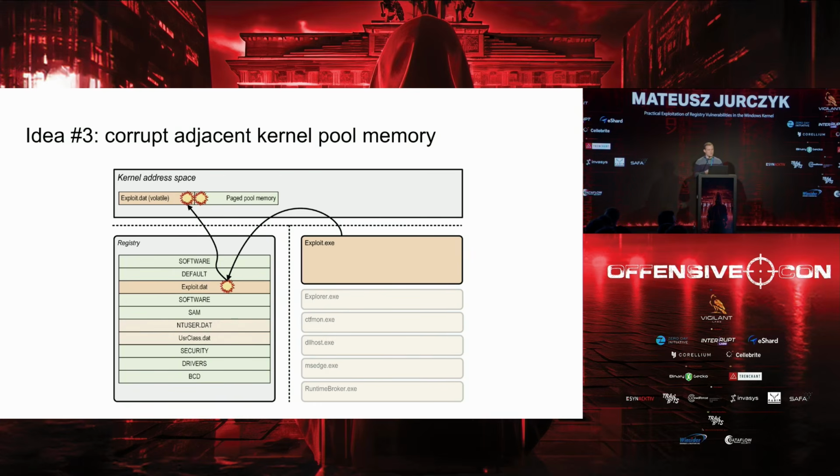And also you have the volatile space of a hive. So every hive has a stable space and a volatile space. The stable one is the one that is backed by a file, and the volatile one is the one that is only backed by memory, and it will just vanish on the next system reboot. So the volatile space is also residing in a kernel address space as a normal page pool allocation. So you can in this case corrupt the stable space of a registry hive.